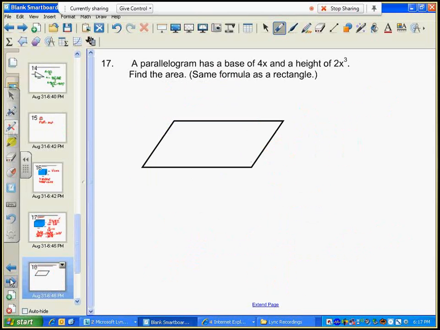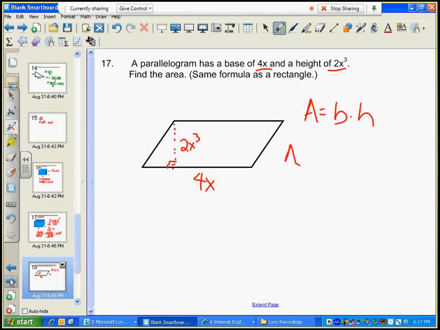It's a parallelogram, and my base is 4x, and my height is 2x to the 3rd power. I need to find the area, and it's the same formula as a rectangle. So my area is going to be base times height, which I have.